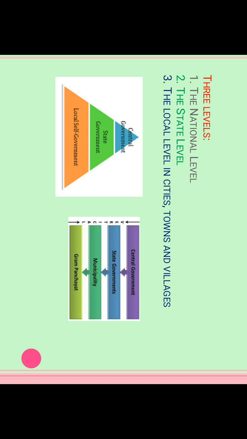The first level is the national level, which is also called central level or union government level. It concerns the entire country. It is the highest form of government. All biggest major decisions are taken by this body of government.